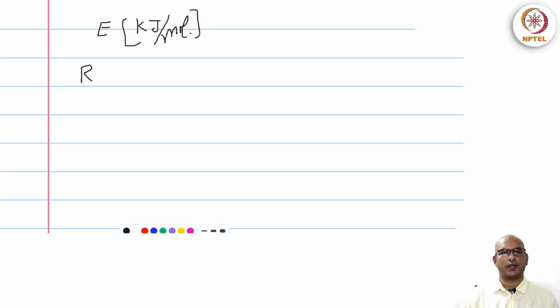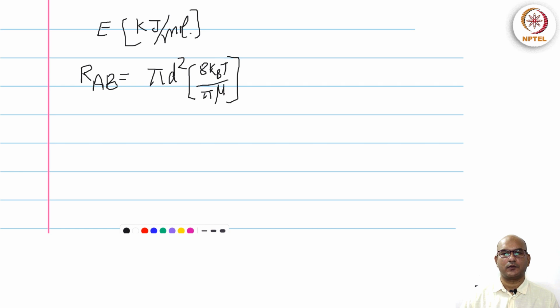So now the rate of reaction between A and B can be written as pi d square square root of 8 kB T by pi mu, then exponent minus E by R T, multiplied by NA and NB.